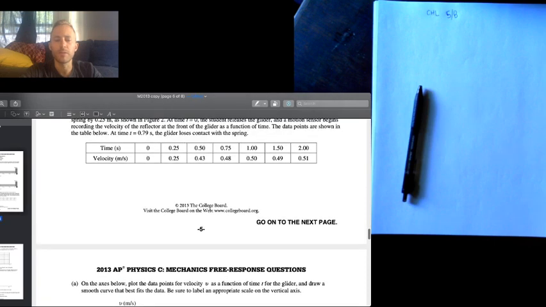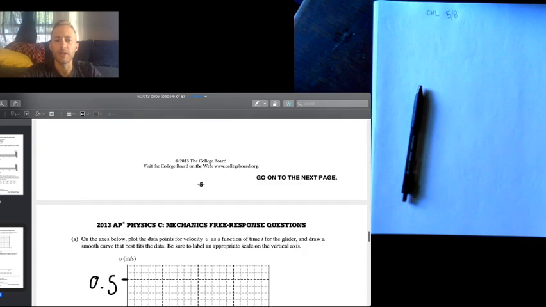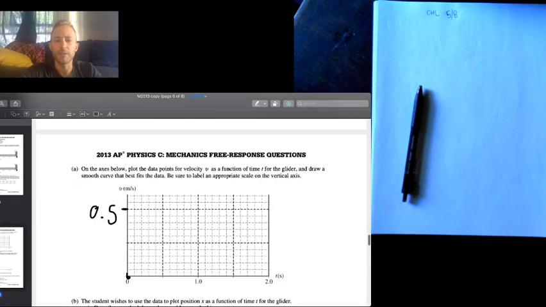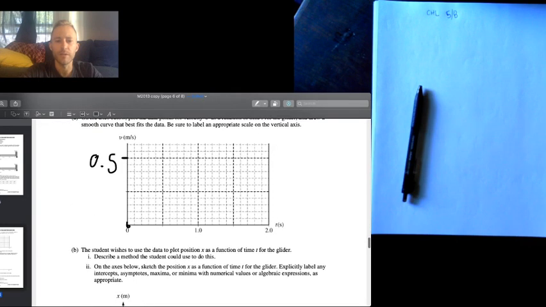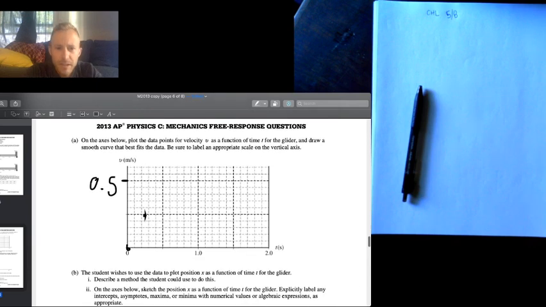So our first data point is 0, 0. Our second data point is 0.25, 0.25, so that would be right here. Our third data point is 0.5, 0.43. That's maybe right here.